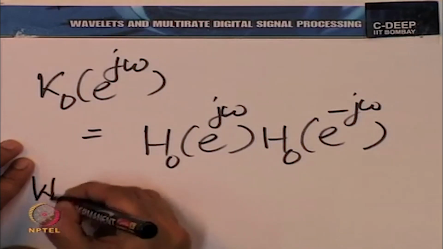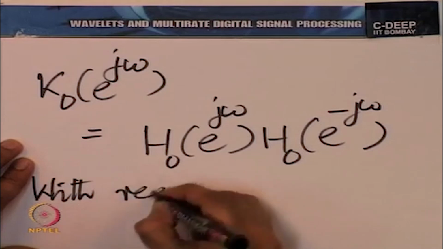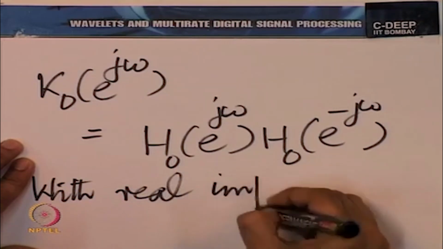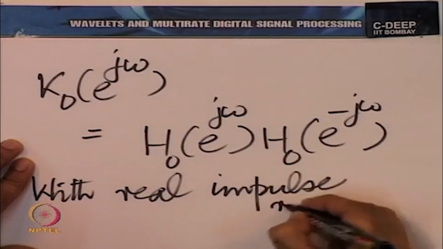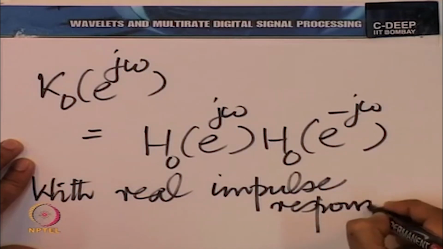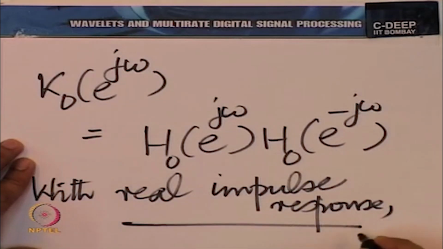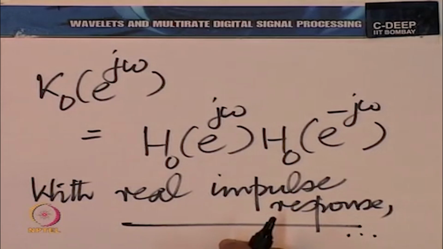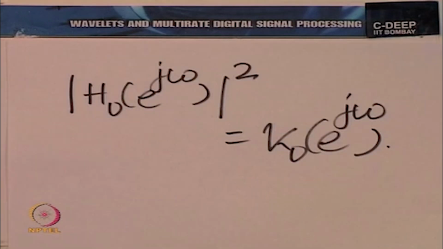And with a real impulse response, what do we have? With a real impulse response, we have mod H0(e^{j omega}) squared is kappa0(e^{j omega}).